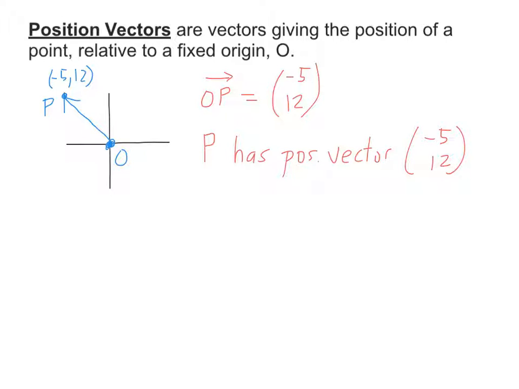So sometimes we just refer to the actual point, which is P, and we say it has position vector -5, 12. So you can express it like we did up here, where it comes from point O and then goes to point P, but we could also just use the ending letter, which is P of course, and identify its vector.